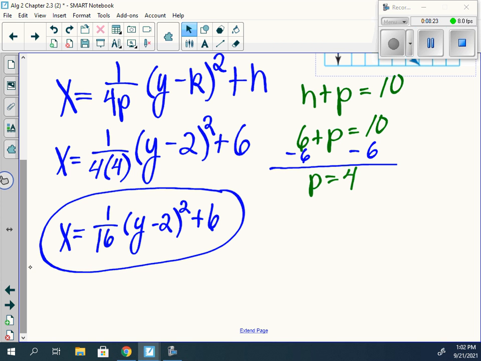Because once we find the values of h, k, and p, we plug it in, simplify that fraction as needed, and we're done. Any questions on this here? Are we ready for the next one?